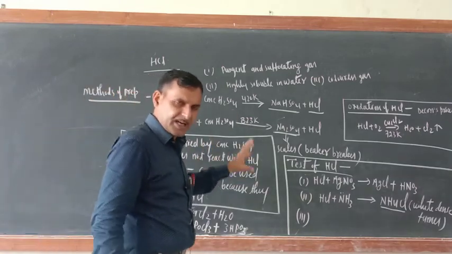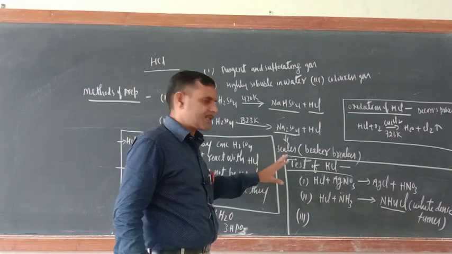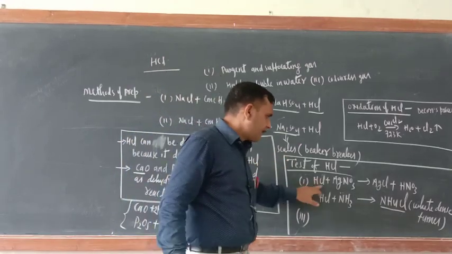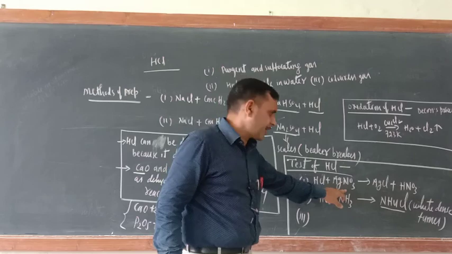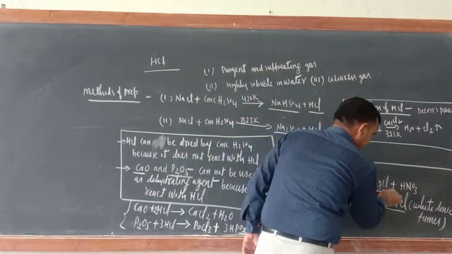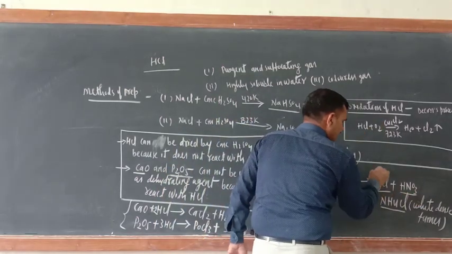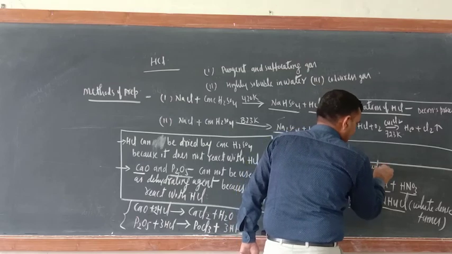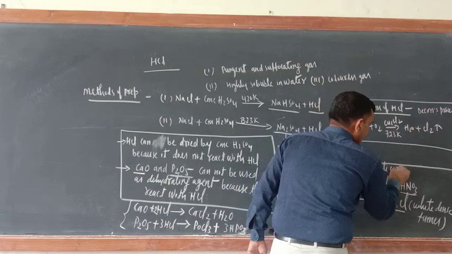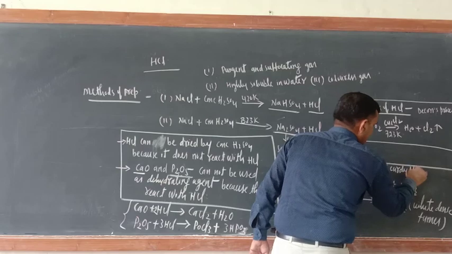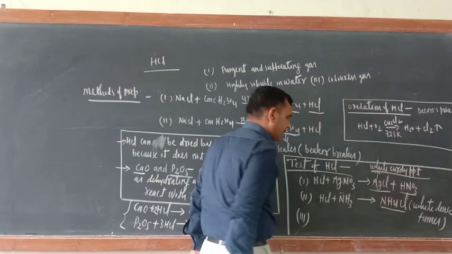In the laboratory there are some other tests for the presence of HCl. If HCl is treated with silver nitrate, it will form AgCl and HNO3. AgCl forms a white curdy ppt.